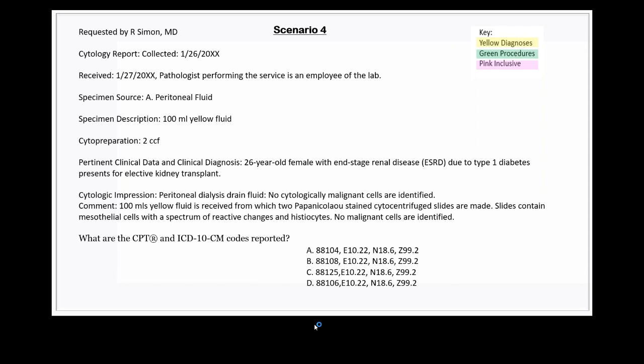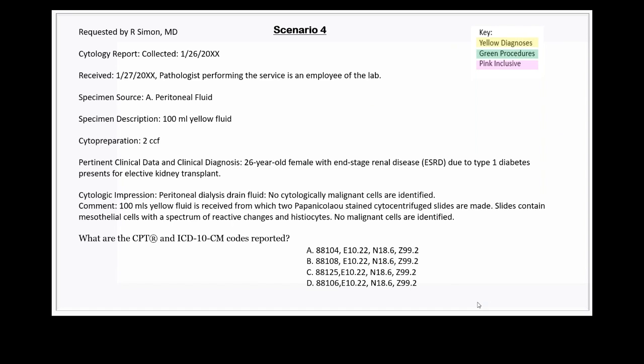C, 88125, E10.22, N18.6, Z99.2, and D, 88106, E10.22, N18.6, and Z99.2.